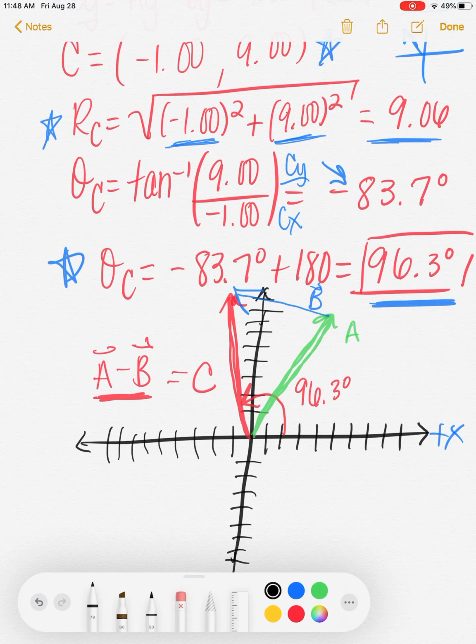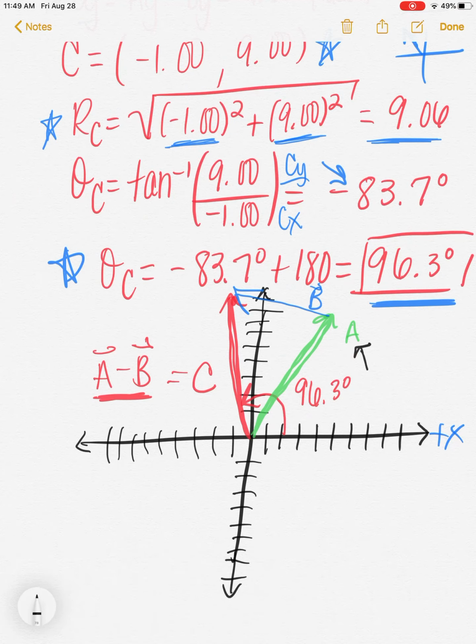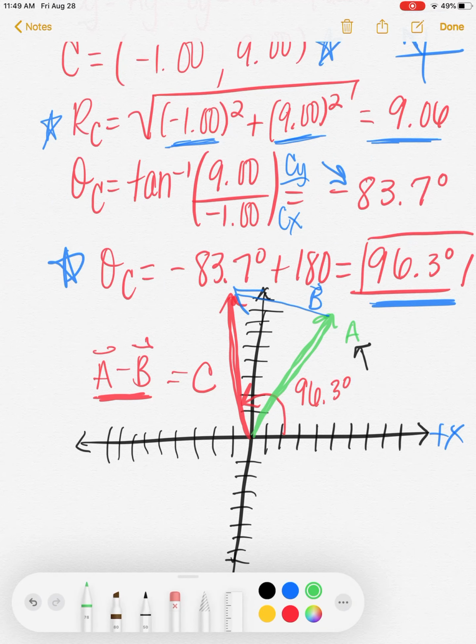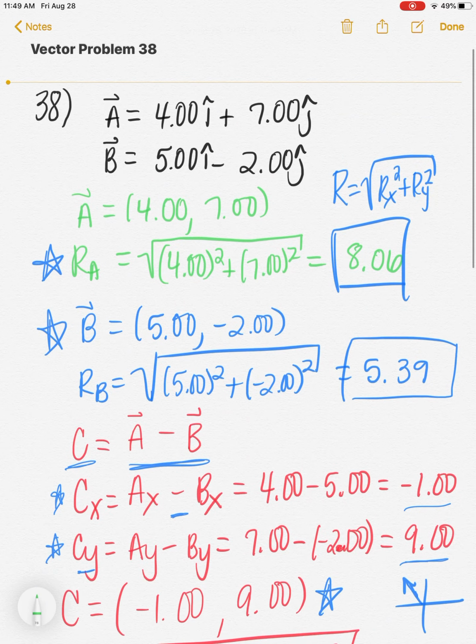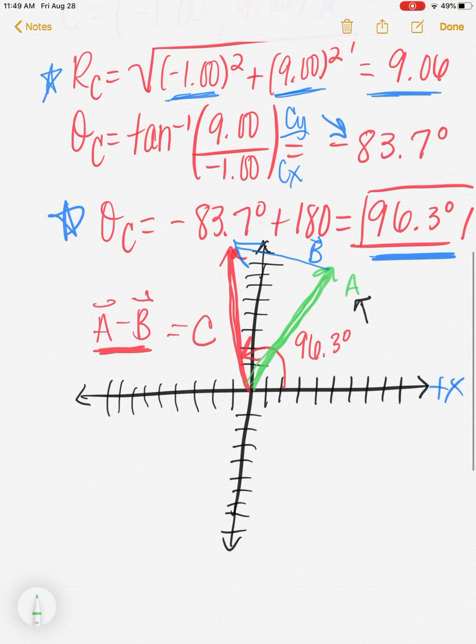I drew that in, and they want you to show how that works out by graphical analysis. So I drew in what vector A would be on the graph. It's going to look like that, since its components were positive 4, positive 7. And then when you add vectors, you have to do the head to tail method. Where the head of vector A is where you start adding on vector B.